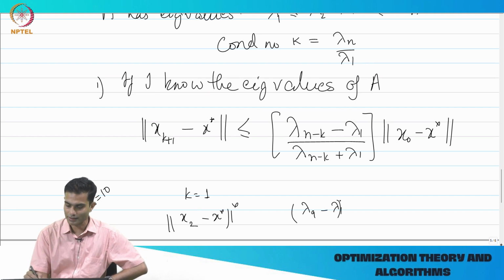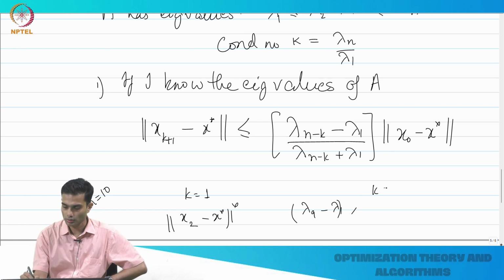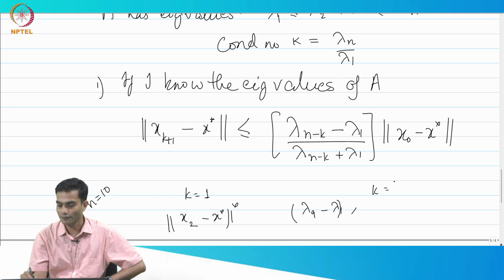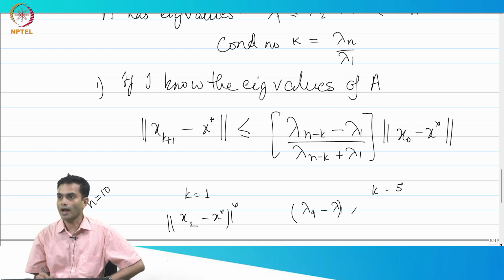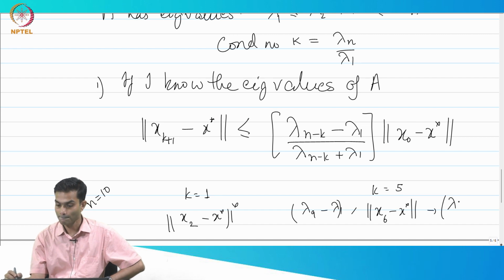Now, as the iterations go, suppose I reach k equal to 5. At k equal to 5, what happens? I'm looking at the distance of x6 minus x star. What is the expression I have over here? Lambda 10 minus 5, which is lambda 5, minus lambda 1.